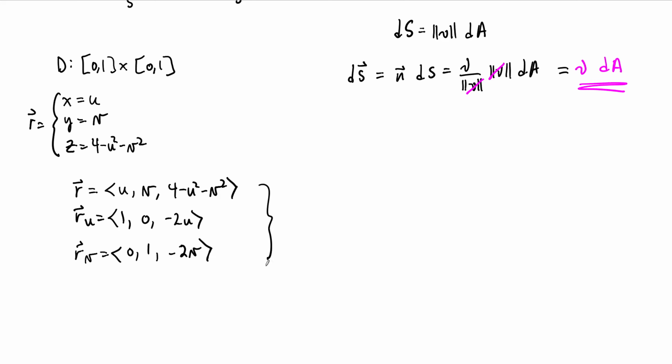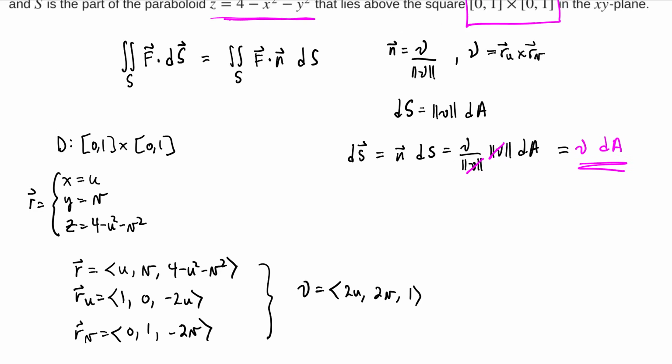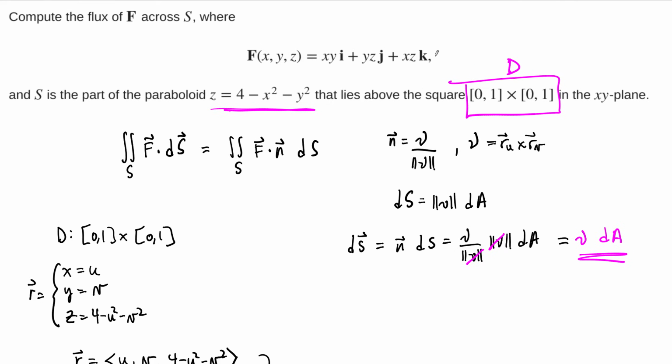And then we need to compute the vector nu. The nu is the cross product, so nu is going to be (2u, 2v, 1). So there's the vector nu. The other thing we need to do is get our vector field F in terms of u and v.